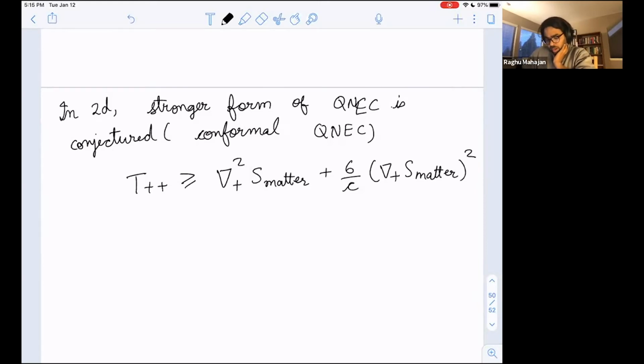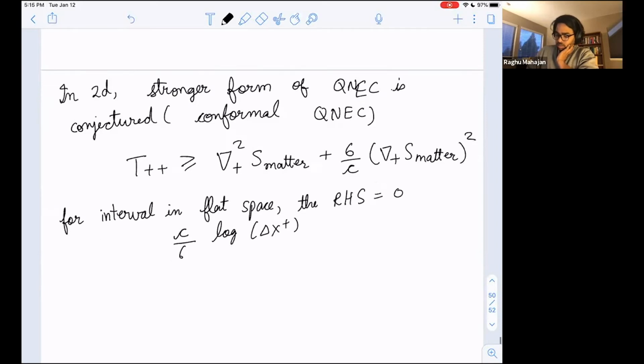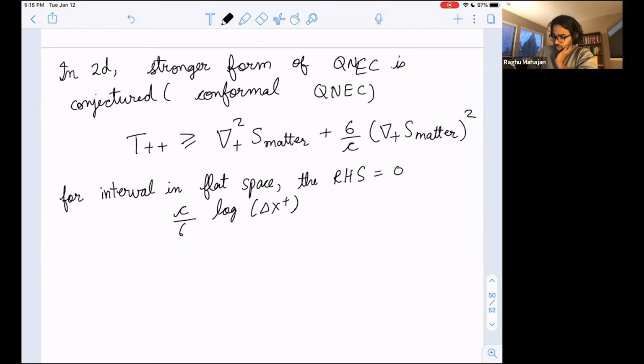Okay, and why this combination? So first we can check that for an interval in flat space, the right-hand side is 0. Why? Because we have this expression c over 6 log of delta x plus. So when we take the first derivative squared, we get 6 over c times c over 6 delta x plus, whole squared.